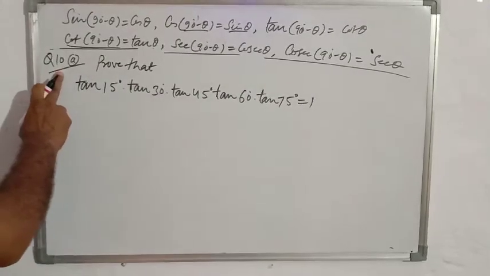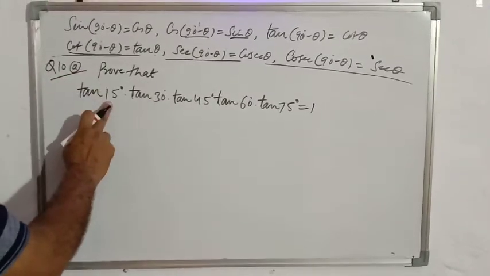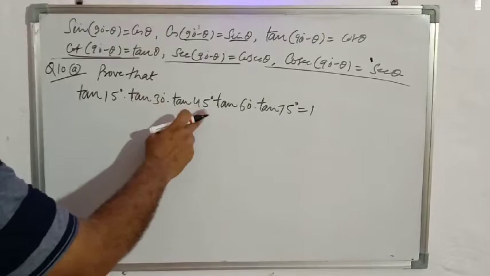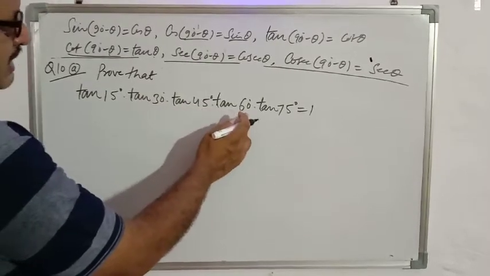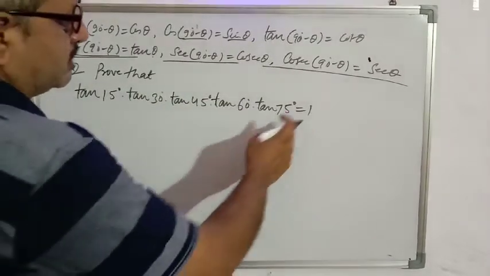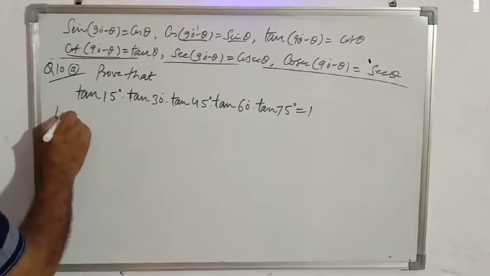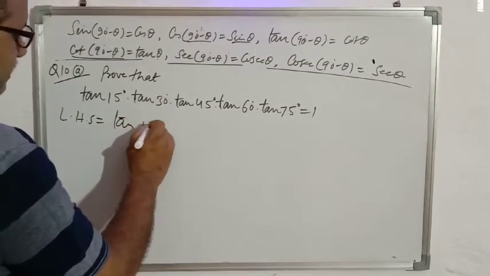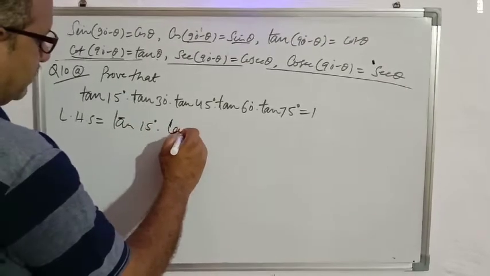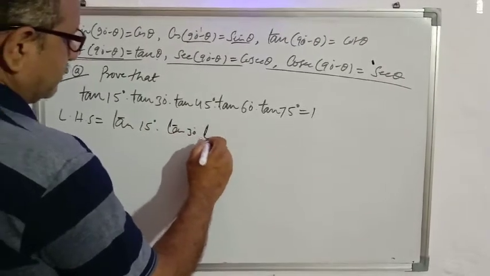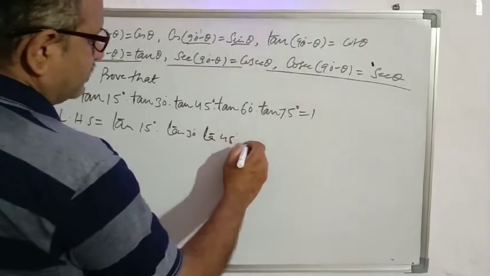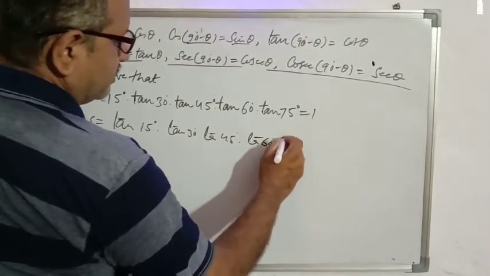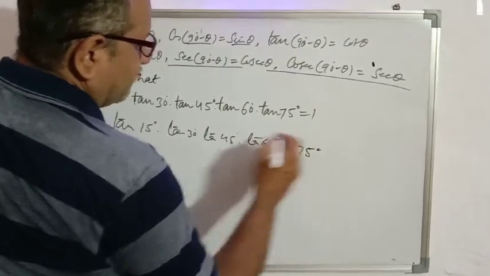Question number 10, A part, prove that tan 15 into tan 30 into tan 45 into tan 60 into tan 75 is equal to 1. We will take left hand side. So left hand side is tan 15 degree, tan 30 degree, tan 45, tan 60, tan 75.